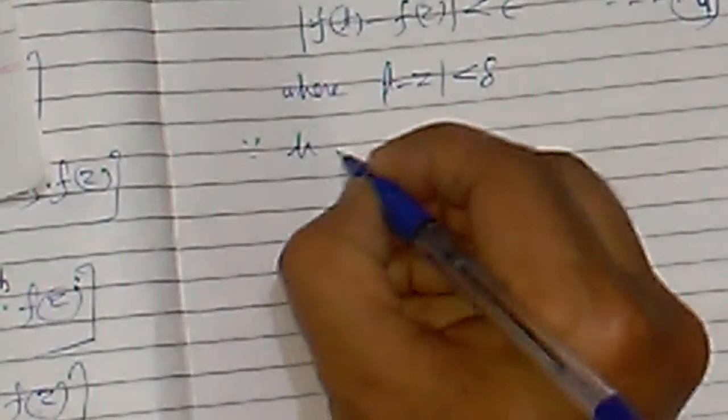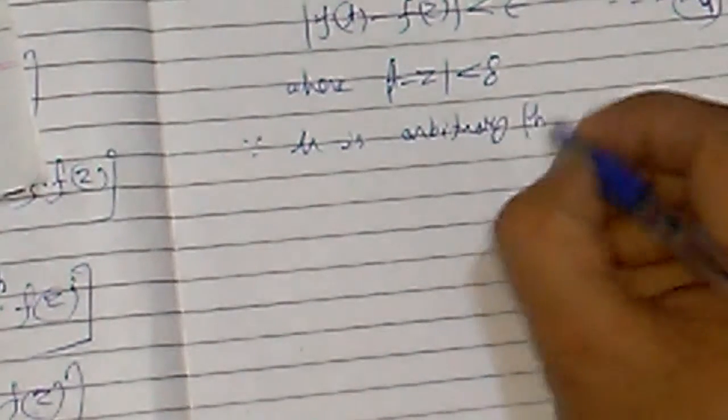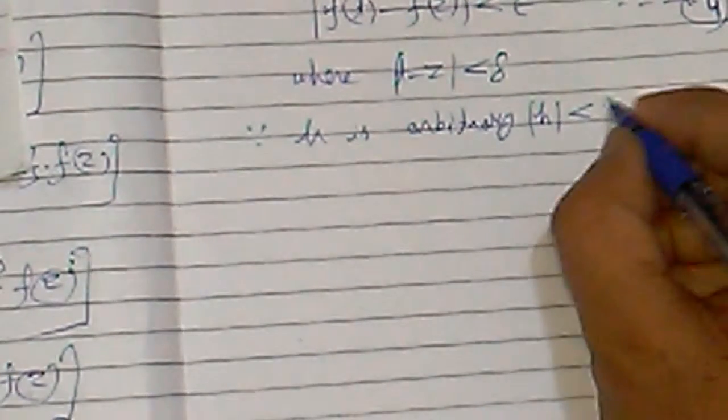Now since h is arbitrary, we put modulus of h less than delta.